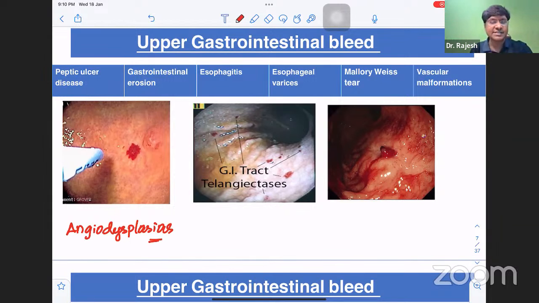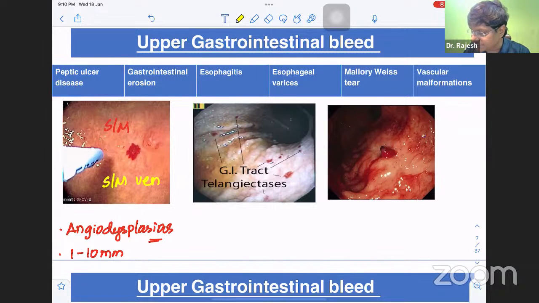Angiodysplasias are nothing but aberrant submucosal vessels, around 1 to 10 mm in dimension, caused by chronic intermittent obstruction of the submucosal veins. So basically, it is the submucosal venous obstruction that is responsible for the development of angiodysplasias.